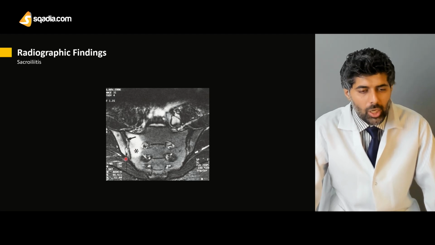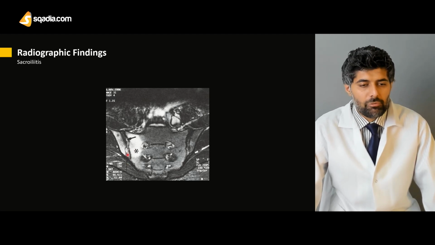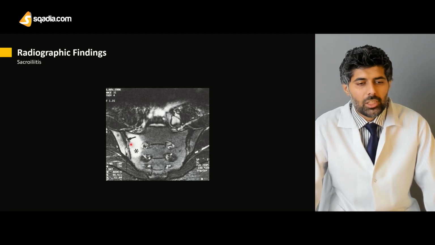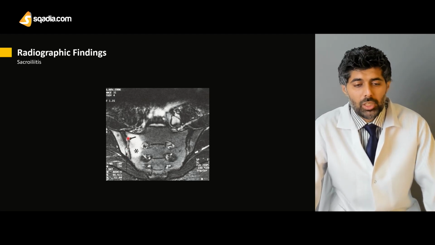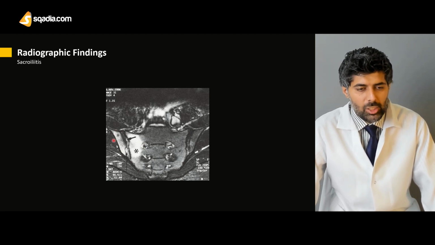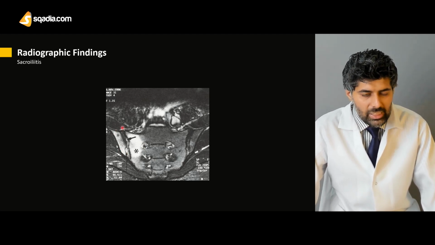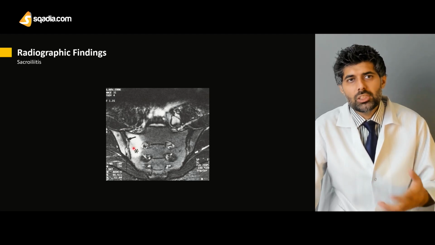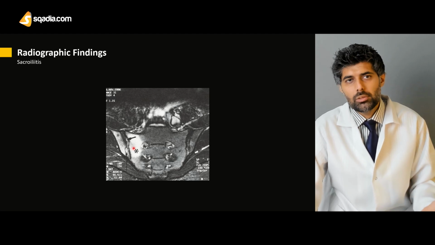So this small arrow signifies inflammation of the tendon, and the other small arrow signifies inflammation of the ligament, along with marked edema at this area, along with some edema at the opposite side, easily signifying the inflammation of this sacroiliac joint.